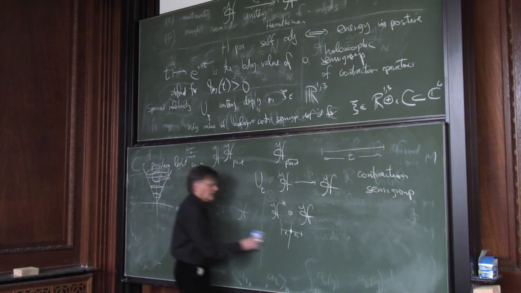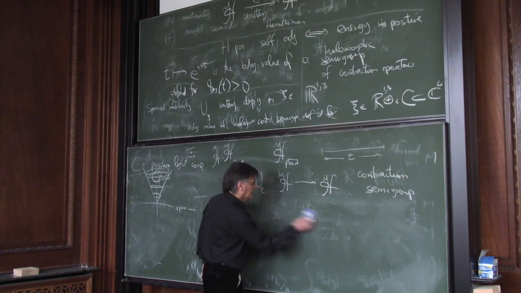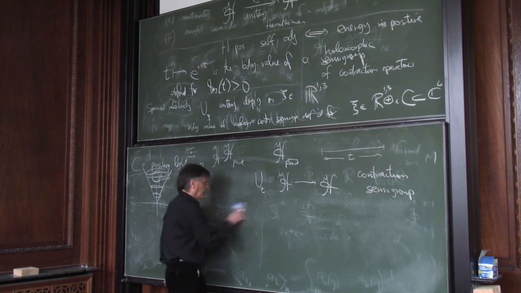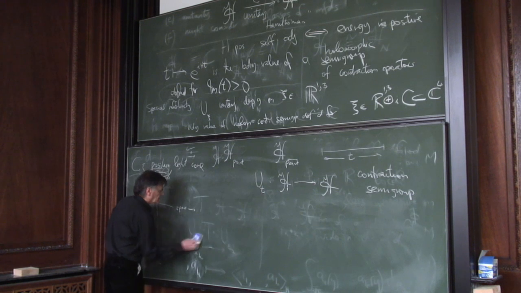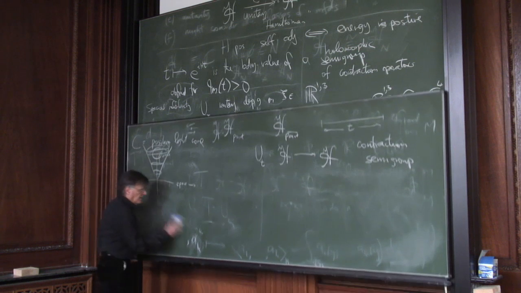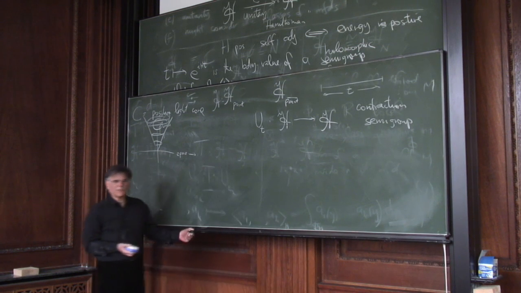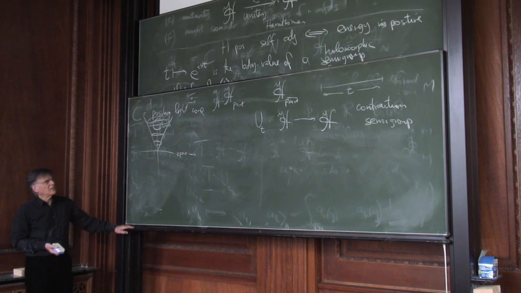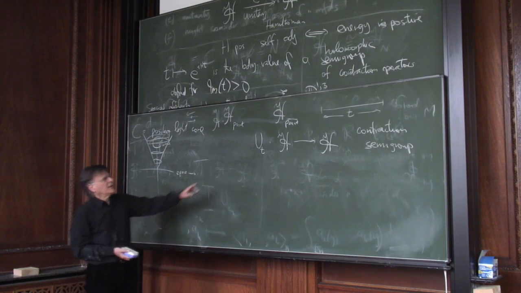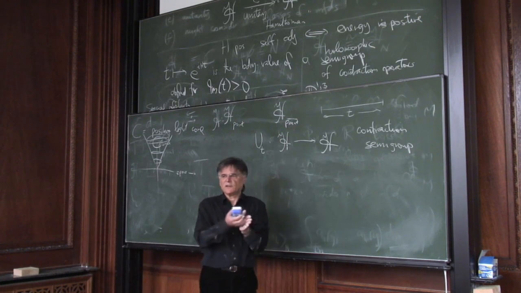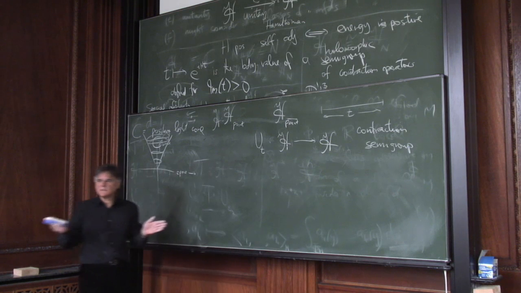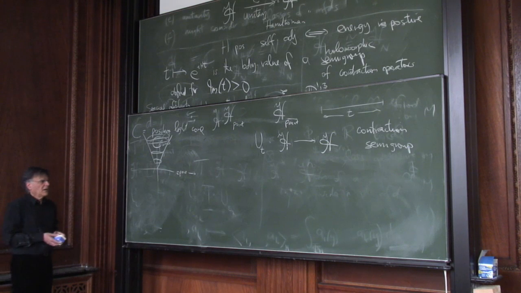Now we want to generalize that to the framework that I'm working in. So how do we expect to do that? Now in traditional treatments of quantum field theory, you started with Minkowski space and you looked at this domain inside its complexification.